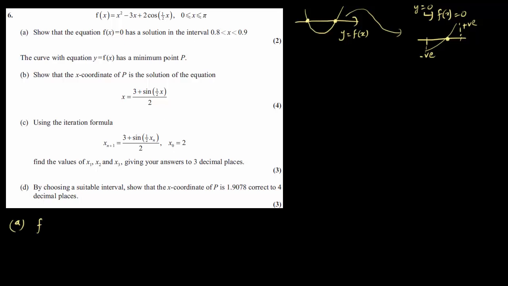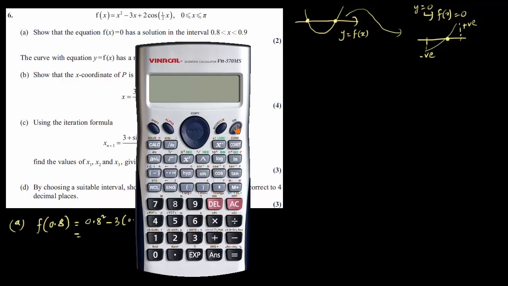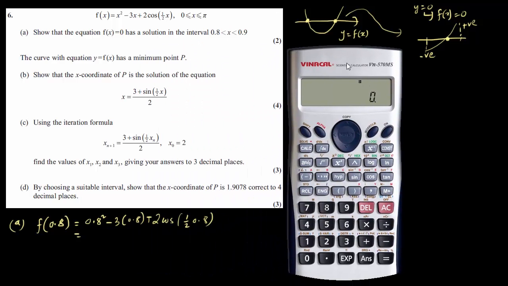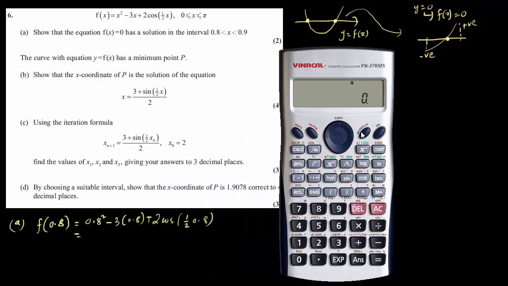We find the value of f(0.8), which is 0.8 squared minus 3 into 0.8 plus 2 cos(0.8 into half). So let's calculate this. Remember to take the calculator in the radian mode because x is in radians.